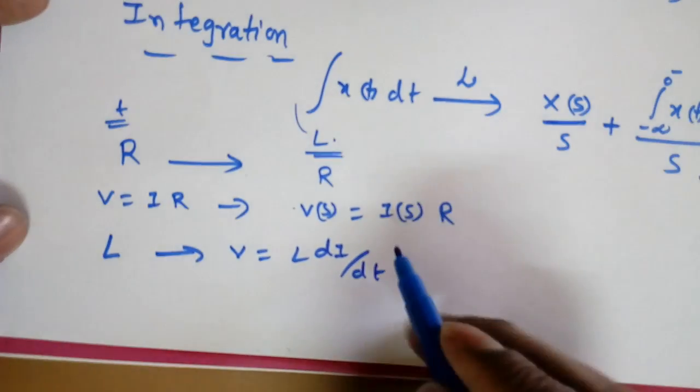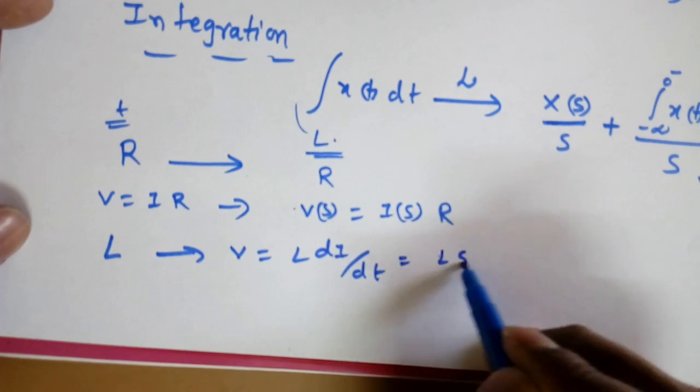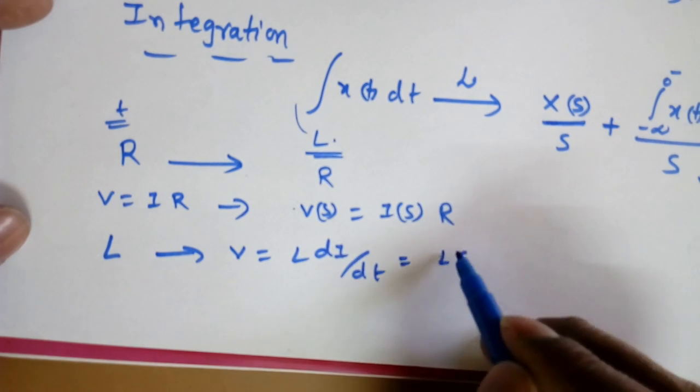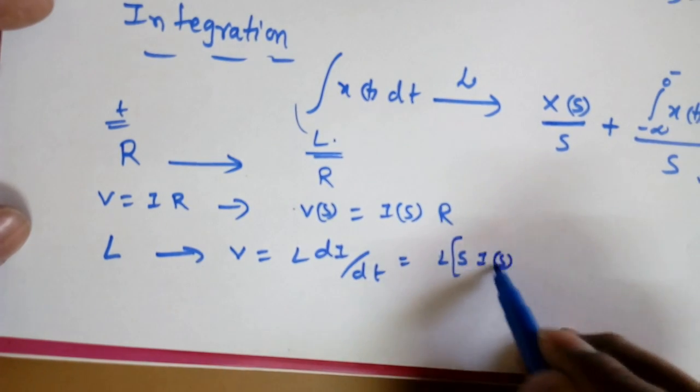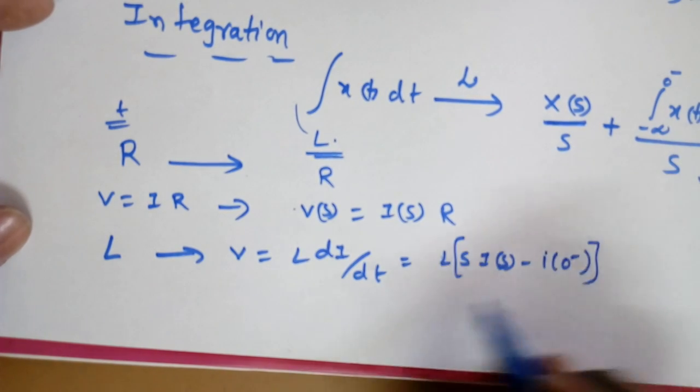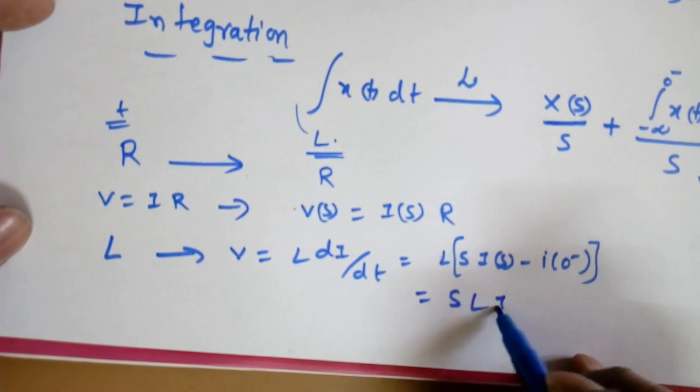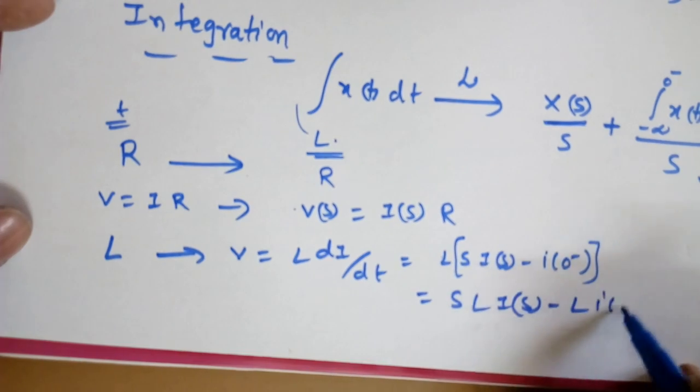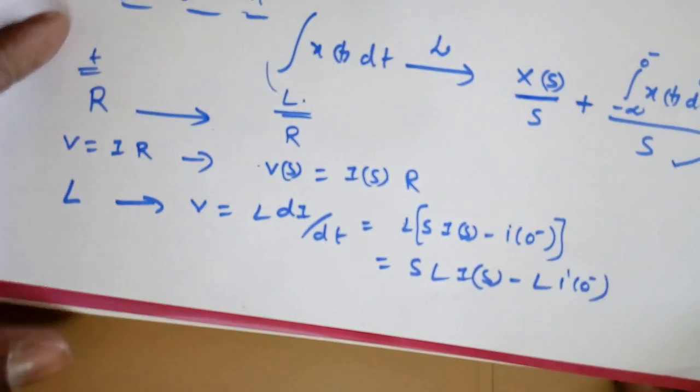So it will become L into s I of s minus I of 0 minus, so it will become sL I of s minus L into I of 0 minus.